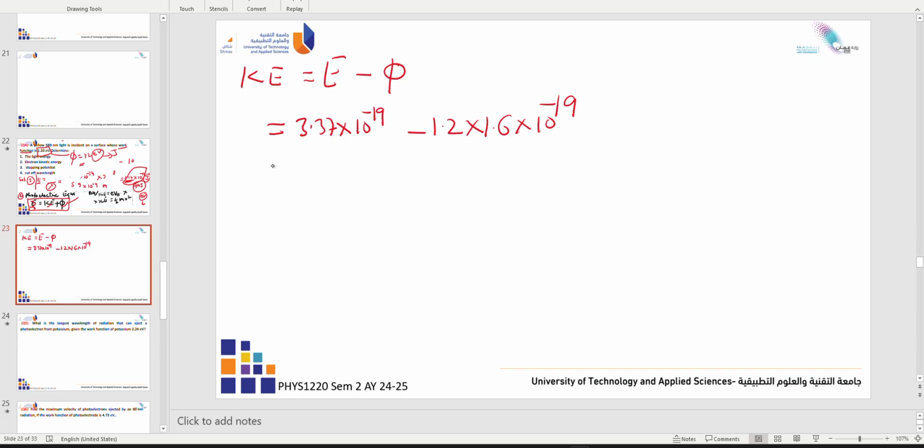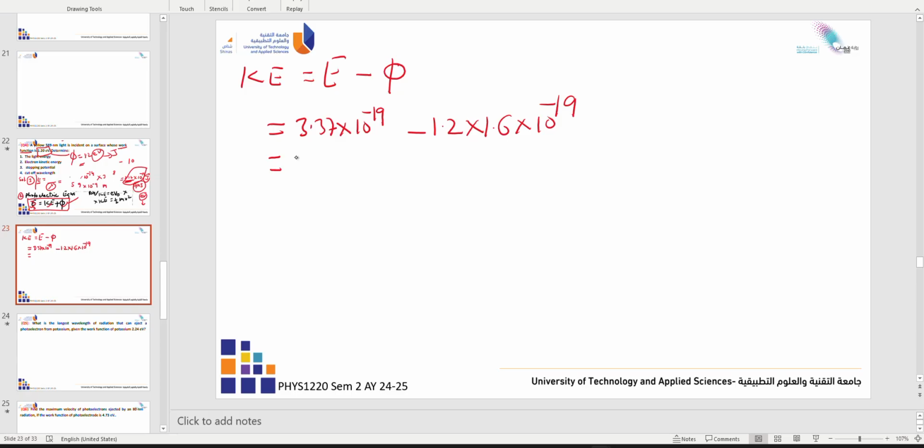So after the calculation, I am getting the answer in my calculator.